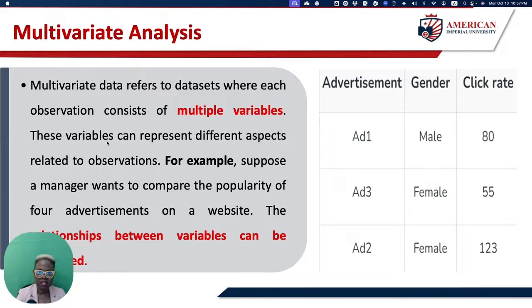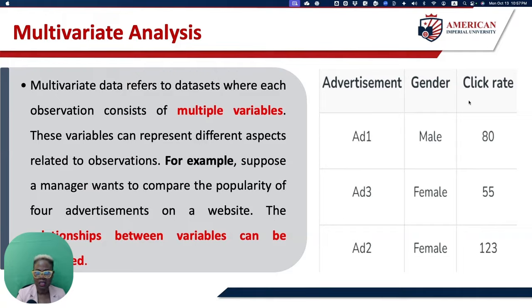The multivariate analysis can represent different aspects related to the observation. So if a manager wants to compare the popularity of 4 advertisements on a website, the relationship between the variables here is examined. We have the gender, the click rate, and the department.